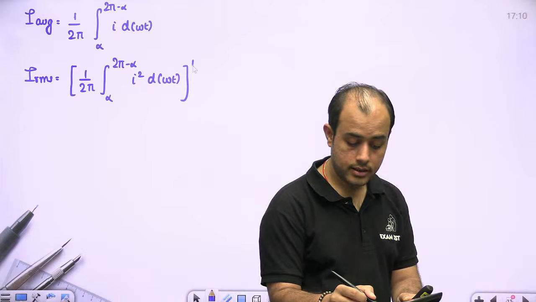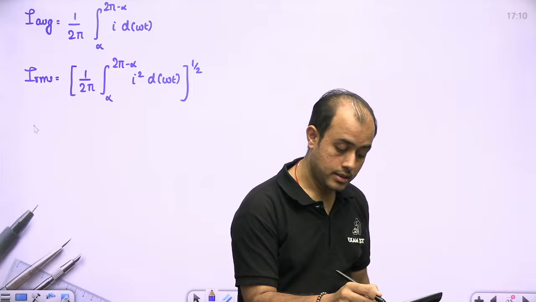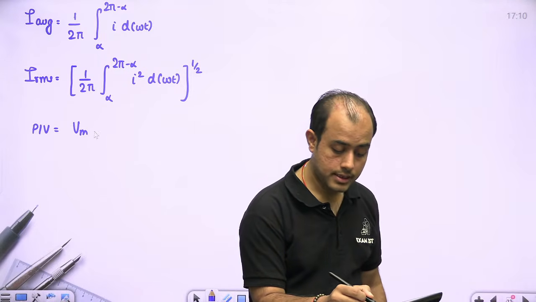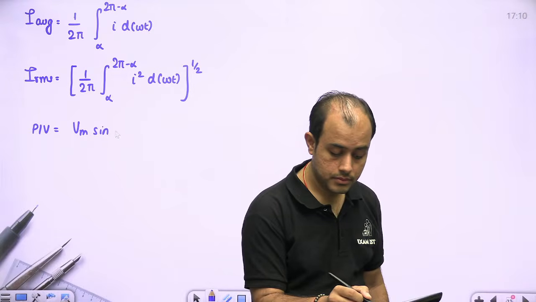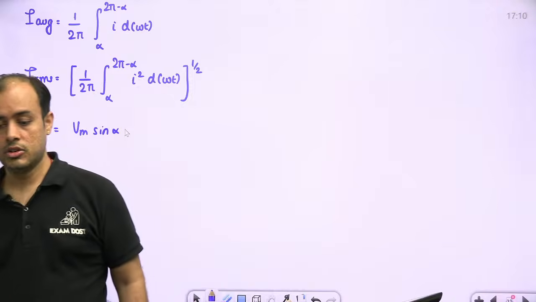Take the square and then take root outside the integration. And PIV will be VM sin alpha. Okay, PIV will be VM sin alpha.